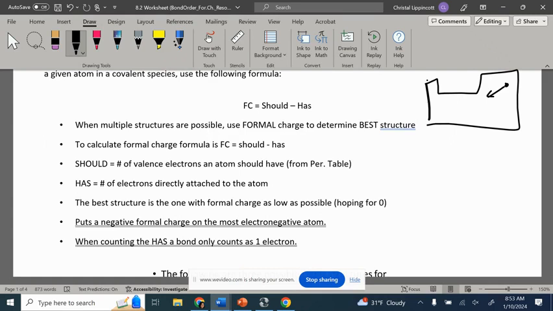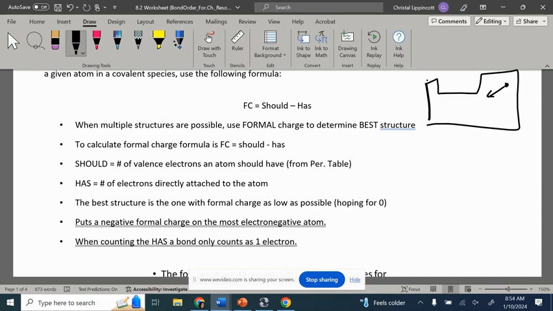But if you look this up on the internet, other people have other formulas and other ways of doing it. We all come to the same answer. Mine's easier. Okay. I didn't develop this. I stole it off of YouTube. I went through about 5 or 10 different YouTube explanations of formal charge, and I was about in tears until I came across this one. And I'm like, oh, that's easy. I can do that. And you'll find it's easy as well.